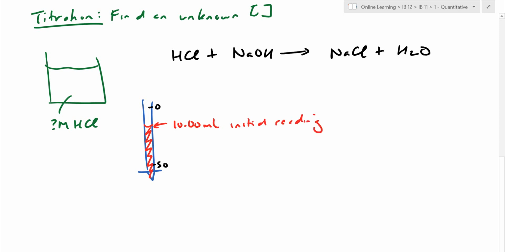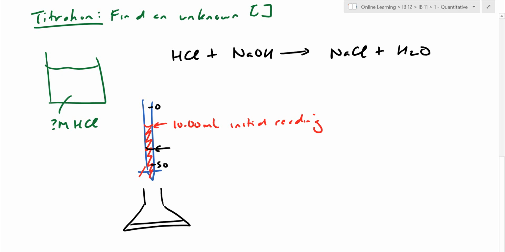Be careful though, this 10 milliliters doesn't mean that there's actually 10 milliliters in the burette, because if 50 is down there, 10 to 50 is already going to be 40 mL. The whole way of reading a burette is we're going to take a starting reading, we call that V initial. After we open and close the stopcock valve, we dispense the NaOH into the bottom solution. The bottom solution is actually where our acid is going to be. Overall, the volume would have dropped.